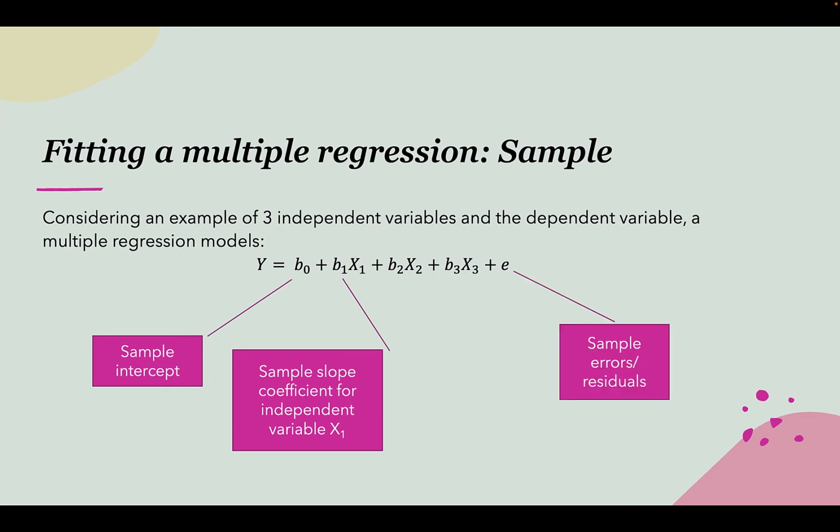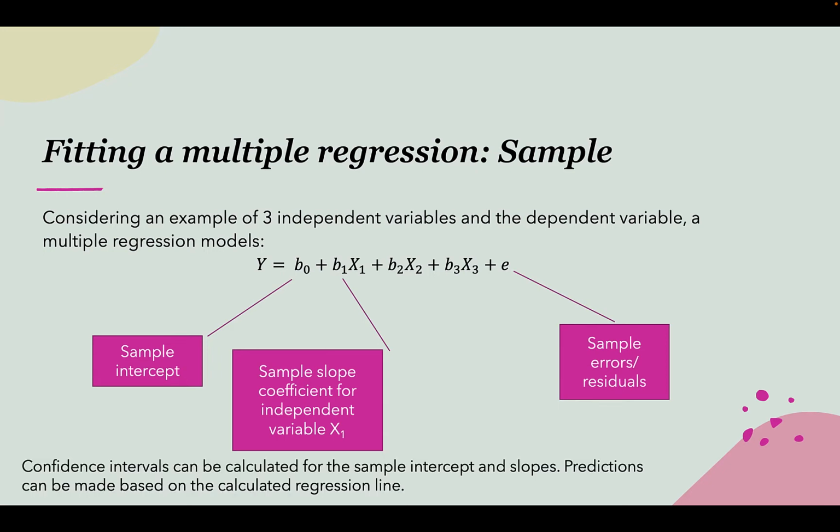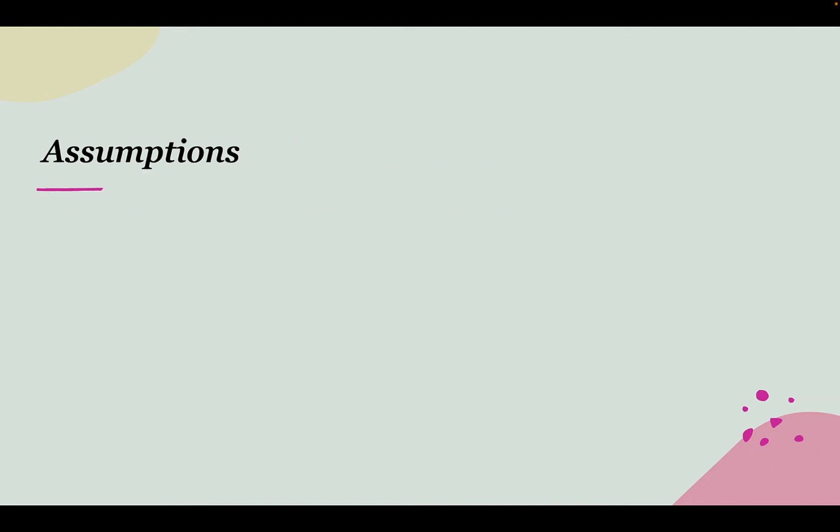And we have e, which is the sample errors or residuals for our regression line. Confidence intervals can then be calculated for the sample intercept and slopes, to estimate the range for our possible parameters. And predictions can also be made based on the calculated regression line.